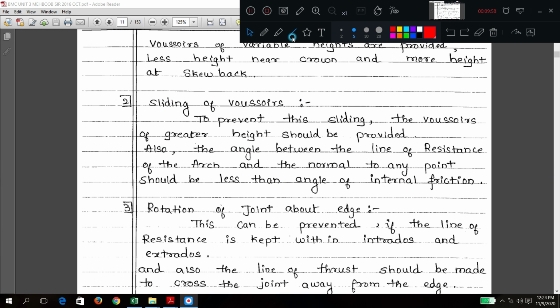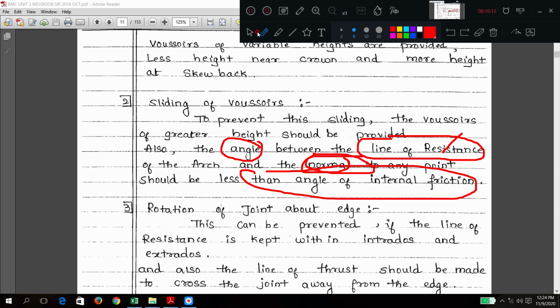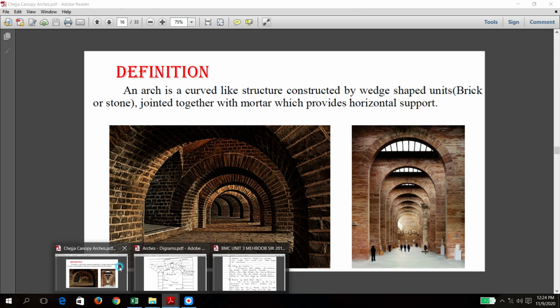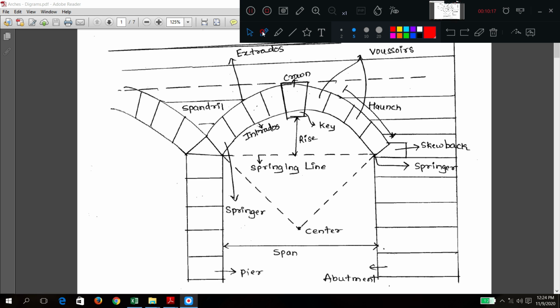What components are there? One is the line of resistance, and the other is the normal. The angle between the line of resistance and the normal should be less than the angle of internal friction. Here I can draw: this is the line of resistance, this is the point under consideration, and this is the normal. This angle should be less than the angle of internal friction.